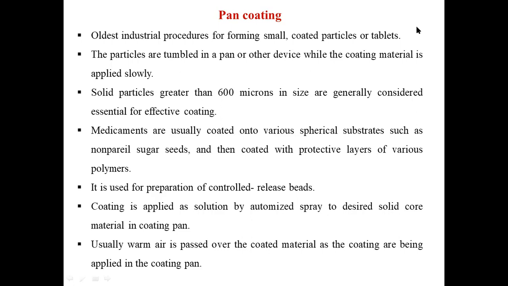There are inlets or nozzles containing our coating solution, which is sprayed on the tablets. One exhaust removes the air from the coating pan. Along with that, one inlet air supply is also there, which provides drying.